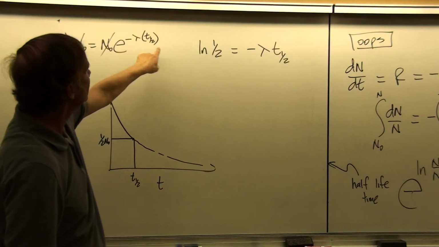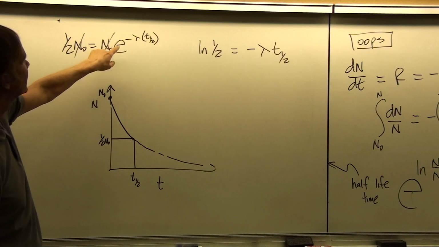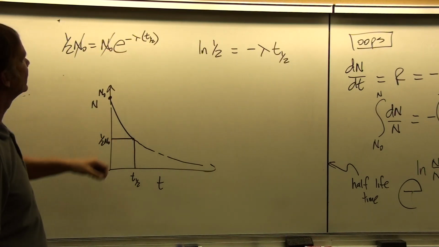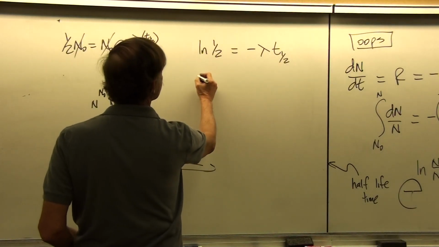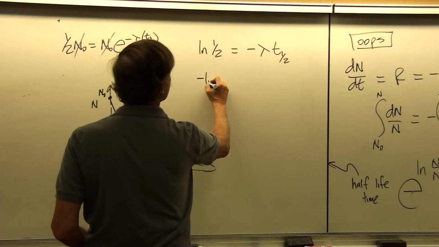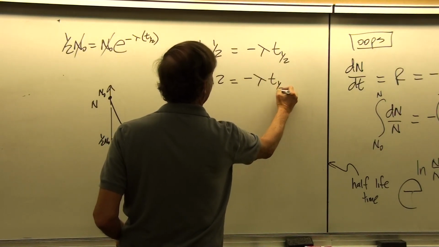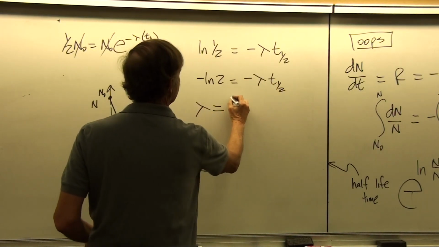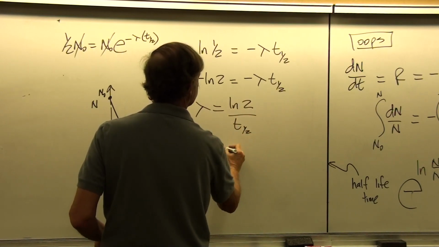The natural log of e to the minus lambda times t 1/2 is just the exponent of the exponential. And then log of 1/2 is minus the log of 2. So we have minus the log of 2 equals minus lambda times t 1/2, or lambda equals natural log of 2 divided by t 1/2.